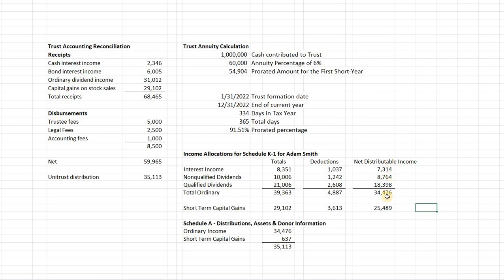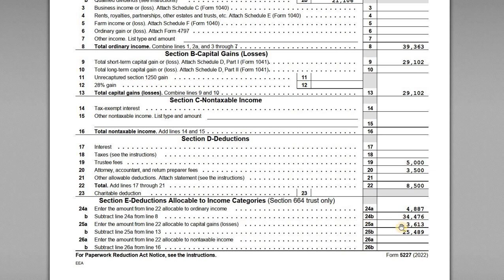And so we can see here that the net distributable amount, 34,476, reconciles with what we see here on line 24B. So we've allocated 4,887 in expenses to ordinary. So our net amount distributable to the beneficiary potentially is 34,476, and do the same with capital gains.